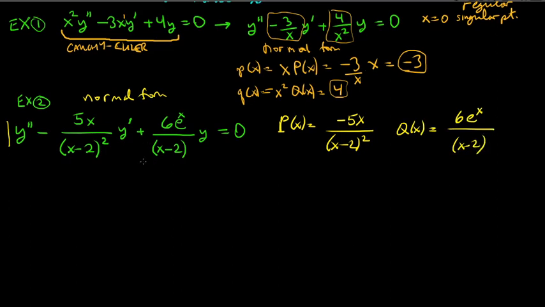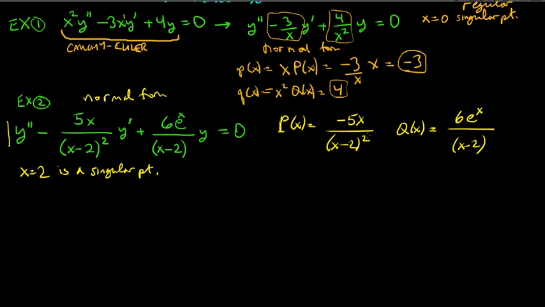So what do we notice? In the denominator we have a factor of x minus 2, so that tells me that x equals 2 is a singular point. These functions, capital P and capital Q, are not analytic at x equals 2. You cannot write them as a power series.